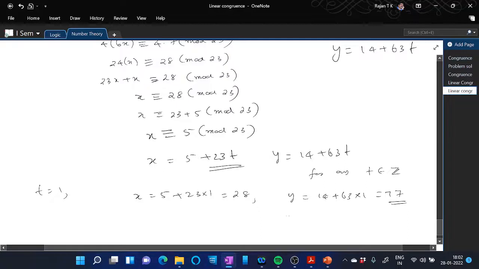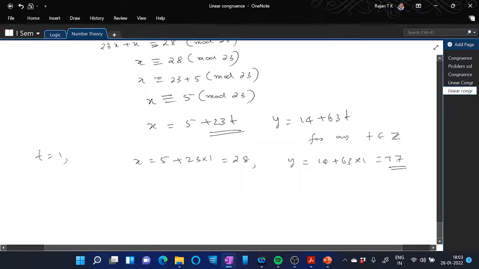So if each bunch has 28 plantains, then each traveler will get 77 plantains. It has actually infinitely many solutions.